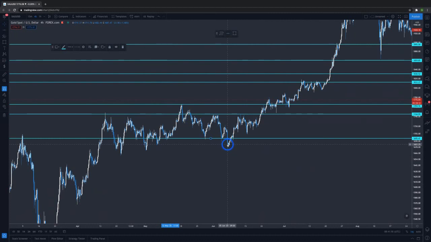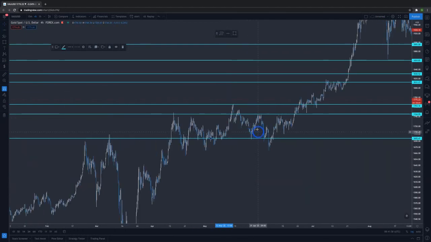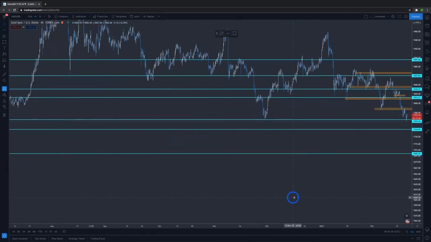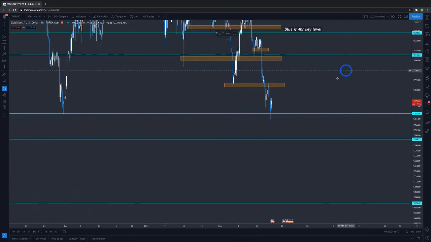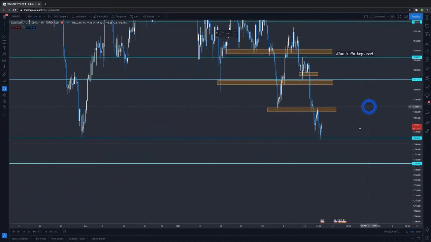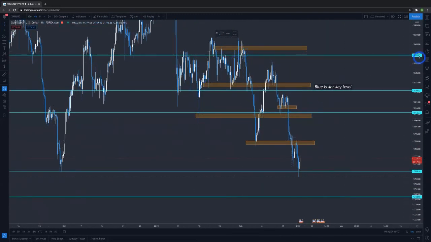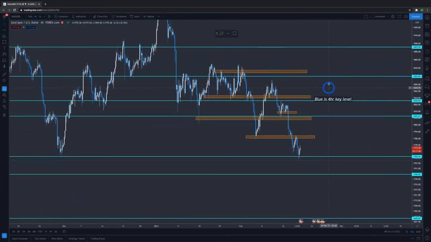So that's 8 places for a key level. And we'll come back to our previous chart. Now we know where price is going to be able to move within these zones. So that's how you do key levels and key zones.